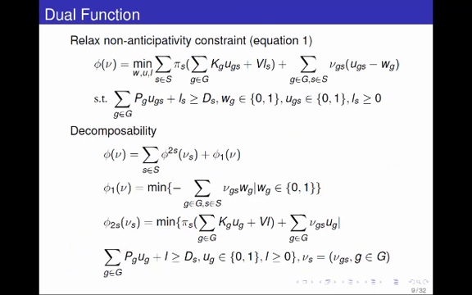So this is the dual function that we get. We've brought the complicating constraint into the objective function. And now everything can be broken up by scenario. This should be a subscript, sorry, I'll correct that in the slides.